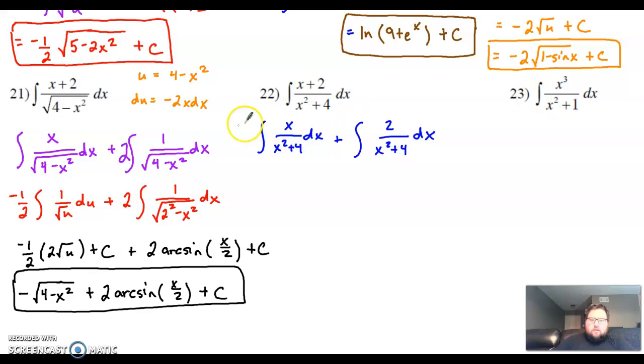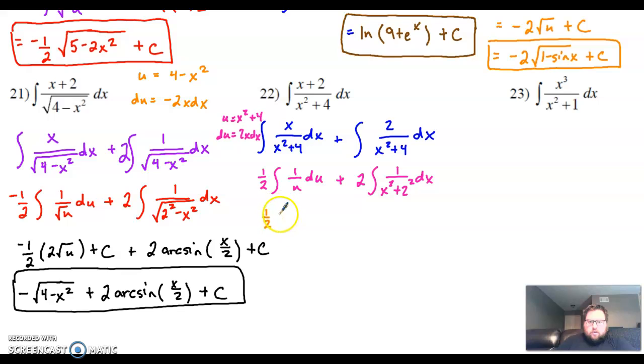All right, the first integral can be done with the u substitution. So we end up with an extra 2, so that's going to be a 1/2 in front, 1 over u du. This integral we're going to rewrite with that 2 in front and turn that 4 into a 2 squared. All right, so this ends up with a 1/2, and then the integral of 1 over u is natural log of the absolute value of u.